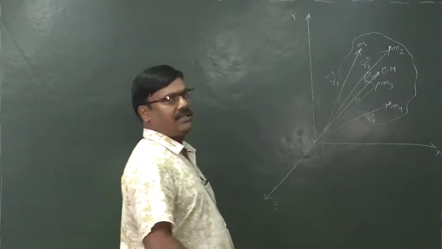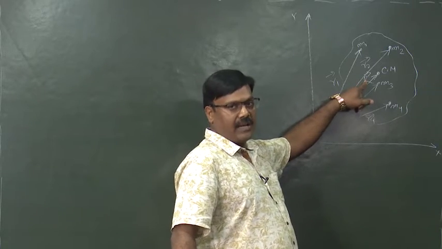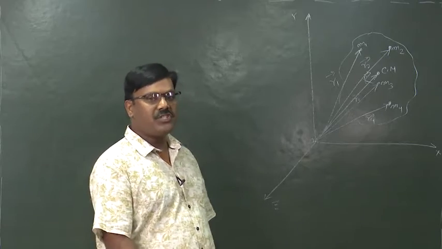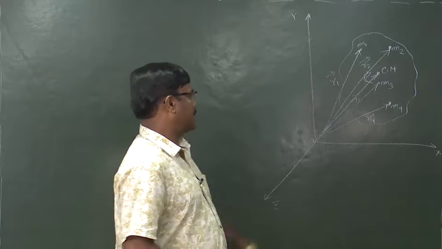I am writing the position vector of the center of mass as capital R vector, whereas the position vectors of the particles are like this.